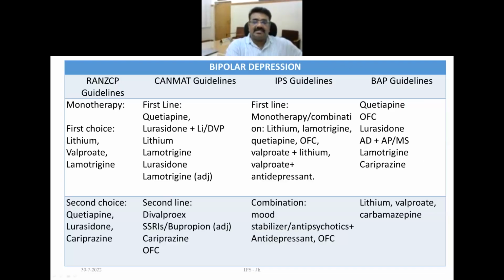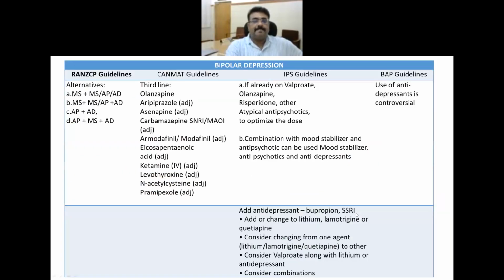The second choice drugs are again quite comparable. You have lithium as a second-line drug in BAP guidelines, then you have valproate in CANMAT guidelines. Most of these guidelines again talk about the role of antidepressants either in combination with a mood stabilizer or an antipsychotic. You can find the olanzapine fluoxetine combination is also available in most of these guidelines.